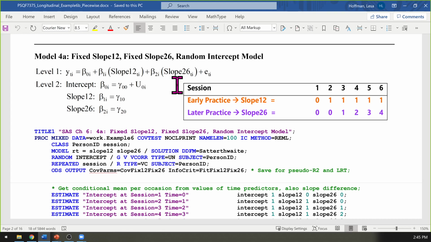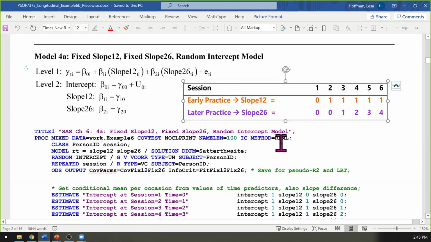I'm doing it differently here on purpose. Can you guess why I'm going straight to a model in which both of these slopes are included simultaneously, rather than putting them in one at a time?